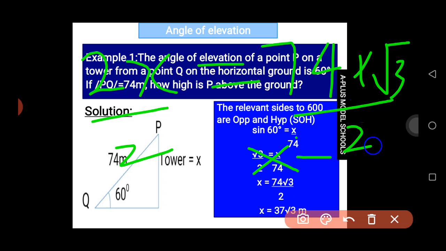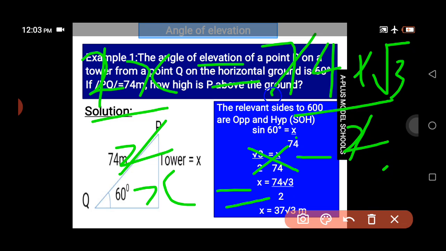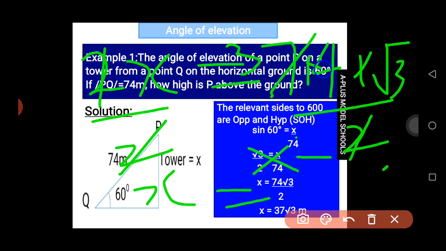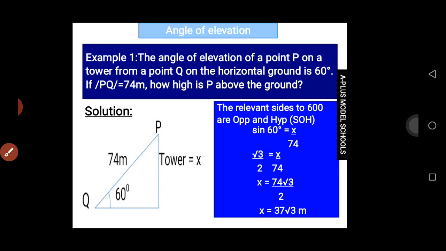So 2 cancels 2, and I'm left with x equals: 2 in 7 is 3, remainder 1, 2 in 14 is 7. So I have 37 times root 3, which will give us 37 root 3 in meters. Exactly, that's the same thing we did here. So let's continue.